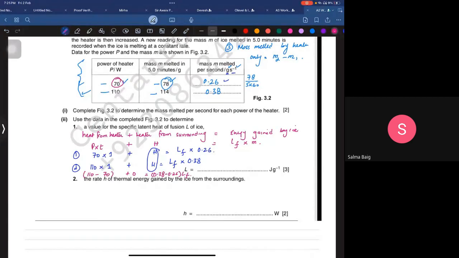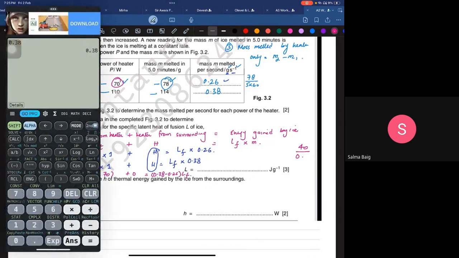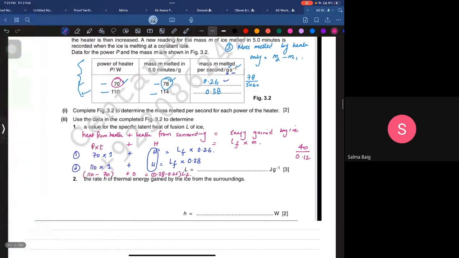Now, everything is super easy. You divide: 110 minus 70 is 40. 40 divided by 0.38 minus 0.26, so it's 0.12. What you get is 330 joules per gram. Any questions now? Please let me know.